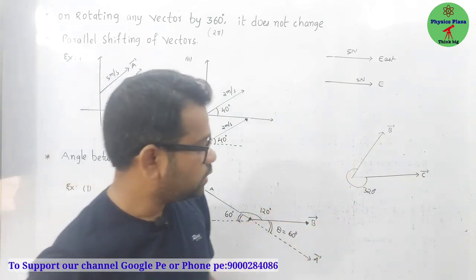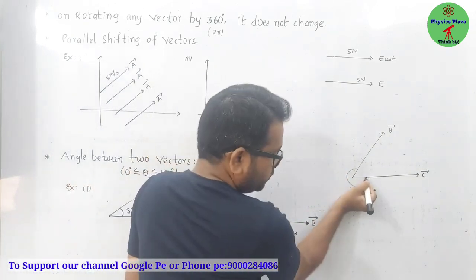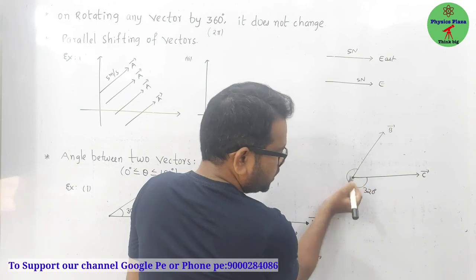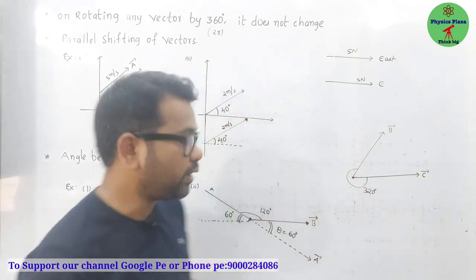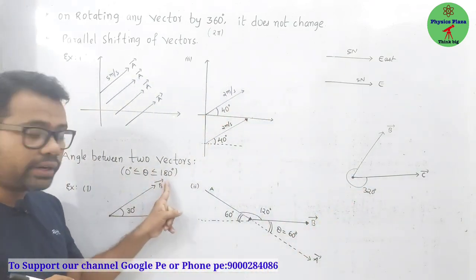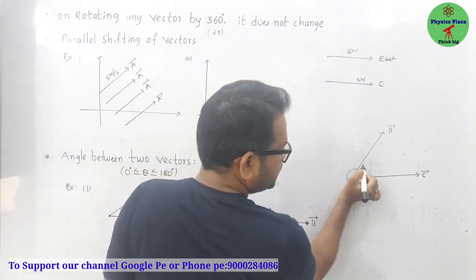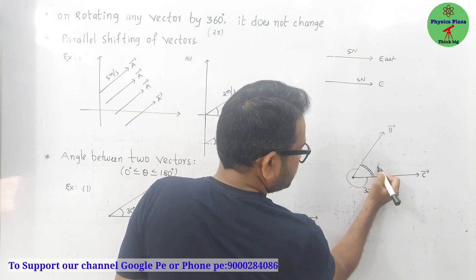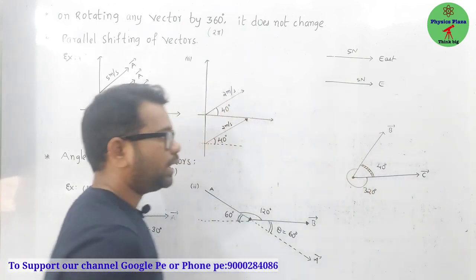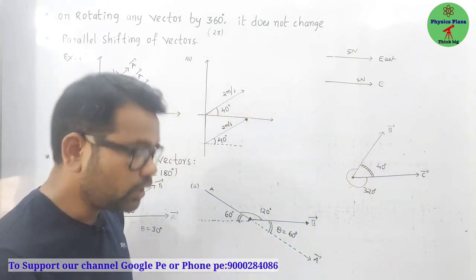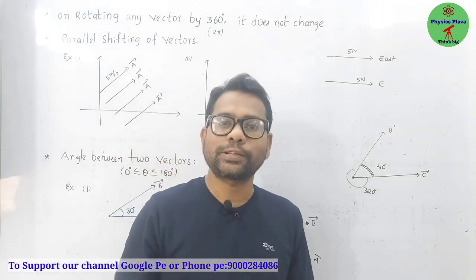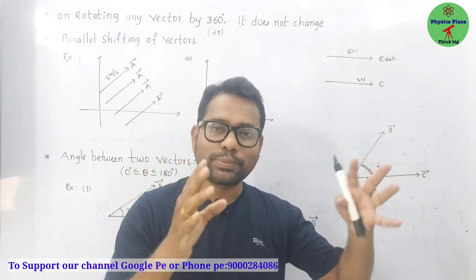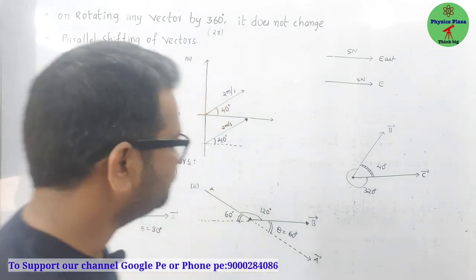By seeing this, you may think, sir, anyhow these two tails are meeting, so this is the angle. No, you cannot take it. Why? The condition is that it should not exceed 180 degrees. Then what we have to do? This will be the angle. So 40 degrees is the angle between these two vectors. Is it clear? Now we do two important numericals, so after that you will get 100% grip on this. Just copy this.